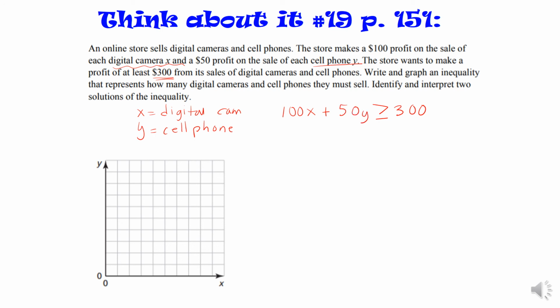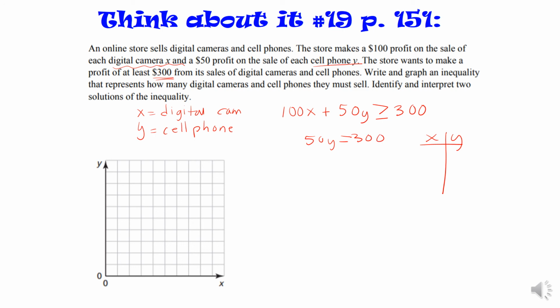So before we go on, we've got our equation. We want to make sure that we find our endpoints because we don't know what our units are going to be. Okay? So we're going to use our intercepts and plug in zero for x. So we're going to go 50y is equal to 300.